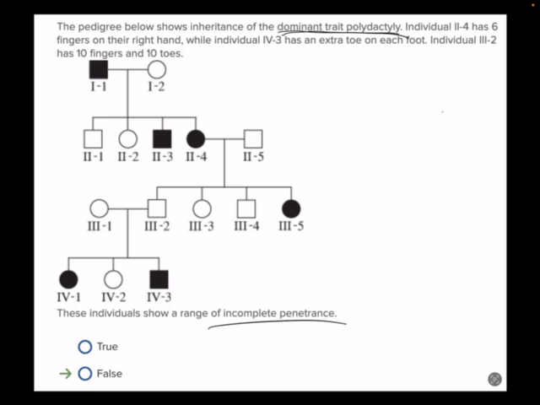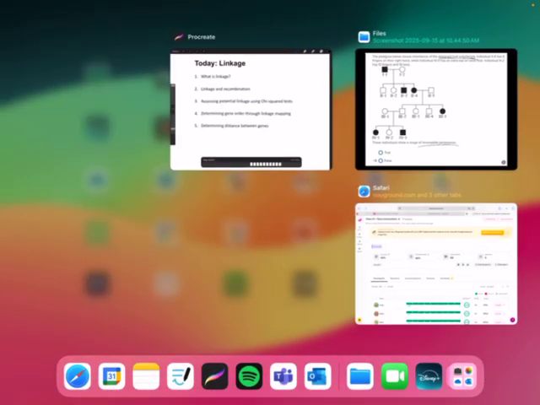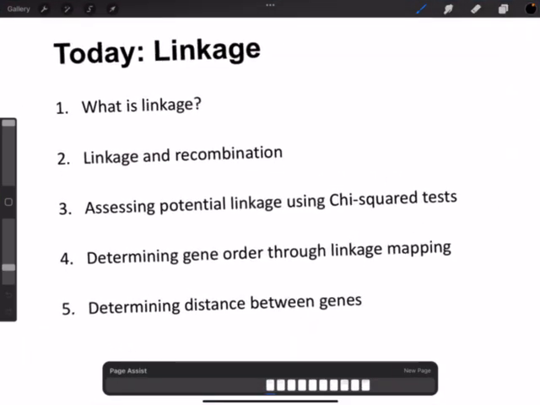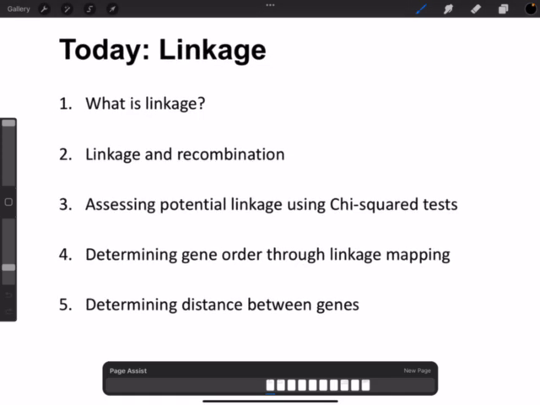Let's move on then to today's discussion, soon to be your favorite discussion, linkage. So we'll talk about what it is, how it's associated with recombination. We will use a chi-squared test to see if we have support for linkage happening.